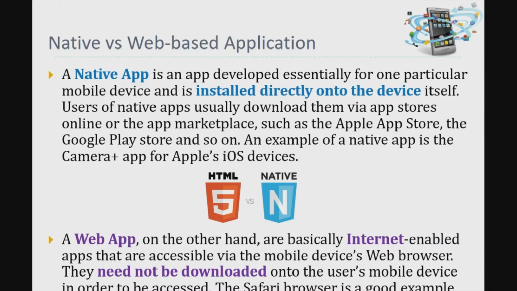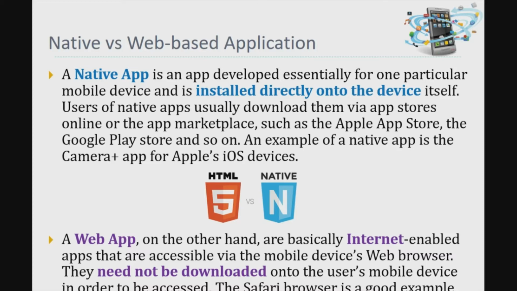Okay, how about the web application or web app? Okay, so a web app is basically an internet-enabled app that is accessible via the mobile device web browser. So you can use your mobile device web browser in order to access the web app. No need for you to download it and install to your device.